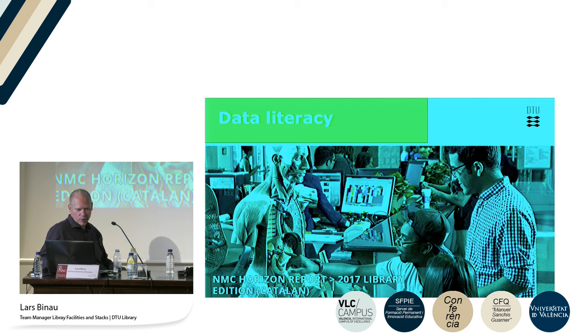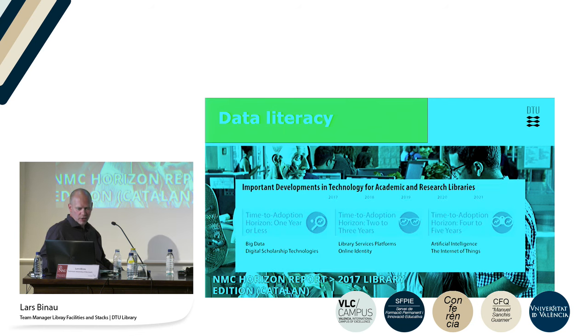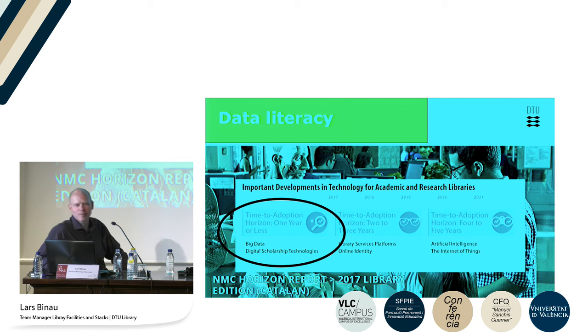This is a report, the Horizon report from 2017, saying where we libraries should be at this moment, and it is saying right now that we should all be working with big data and digital scholarship technologies.